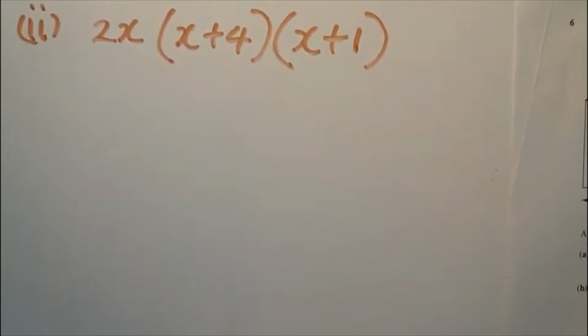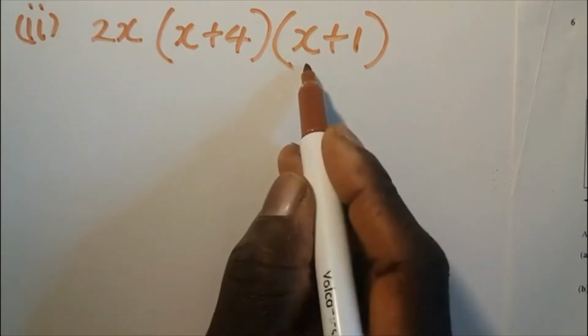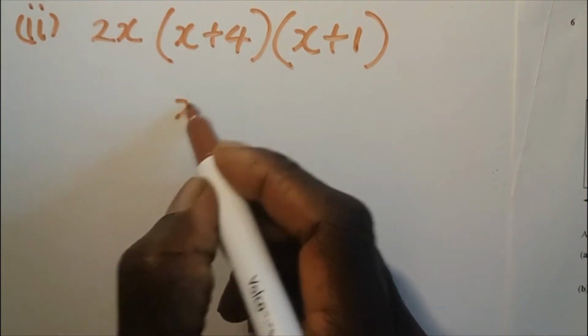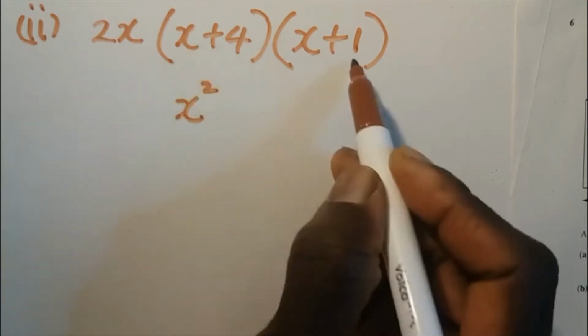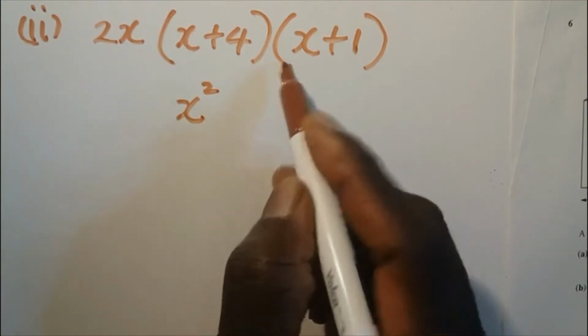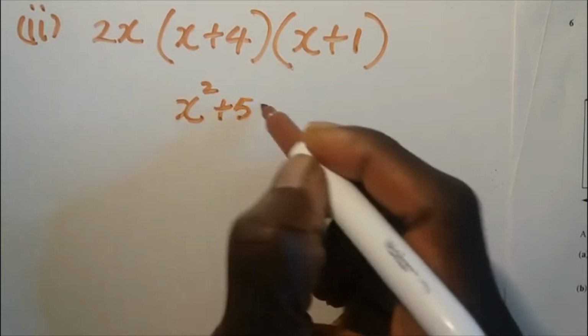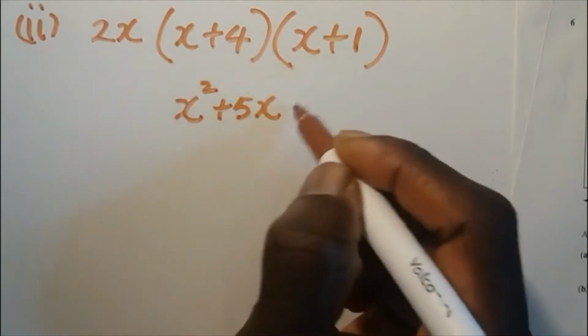Part A, 2I, asks us to expand and simplify our answer to part A I. And this is what you can see on the screen. We'll clear these brackets first. So we have x squared, then we have x add 4x, which is 5x, and finally 4 times 1, which is 4.